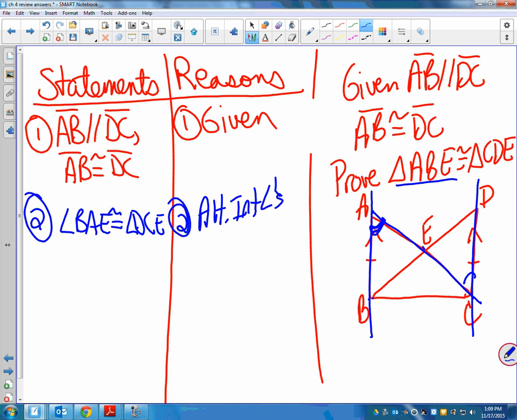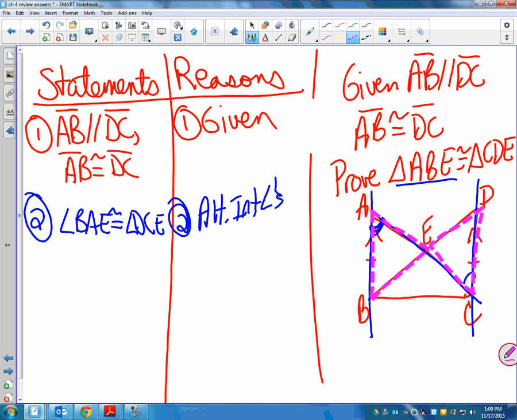Is there another option? Oh yeah. We have a side and an angle. So what are the two triangles I'm trying to prove? I'm trying to prove that this triangle is congruent to this triangle. Can I prove that any more of those angles are congruent to each other by not using parallel lines?